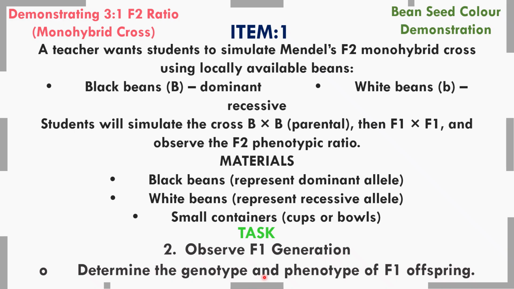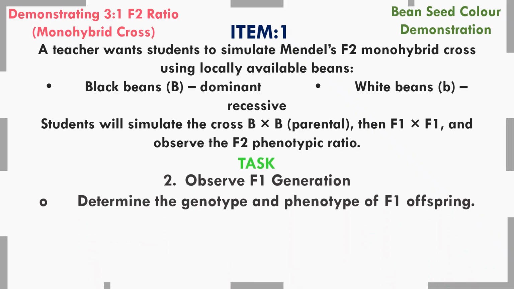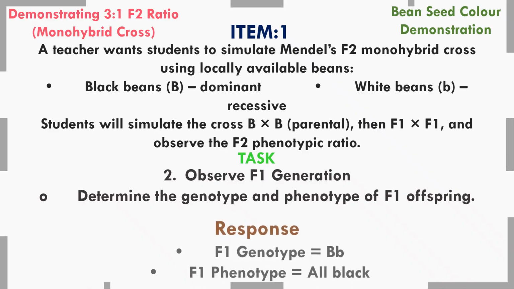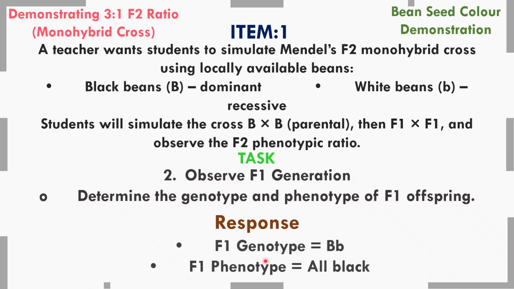Determine the genotype and phenotype of the F1 offspring. The F1 genotype is capital B, small b. The F1 phenotype, all are black.